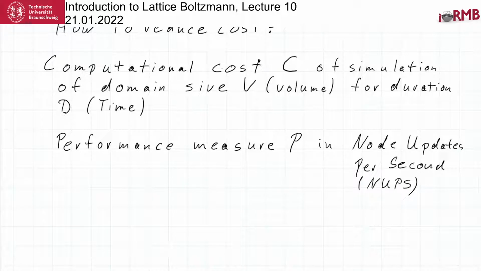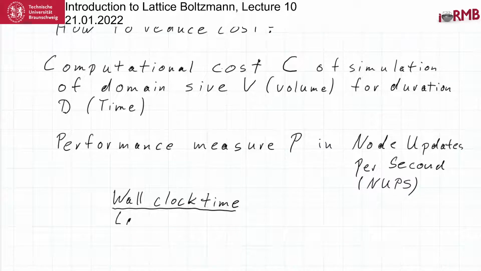And basically what it means is the wall clock time, the time that the clock on the wall shows you how long your simulation takes, divided by how many nodes you have to update, and the nodes that you have to update are the lattice nodes related to the volume times the number of time steps.